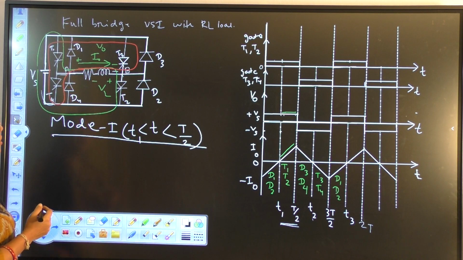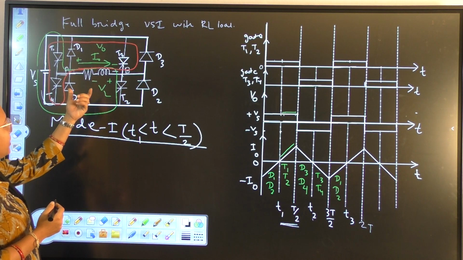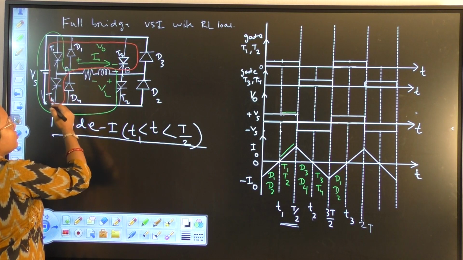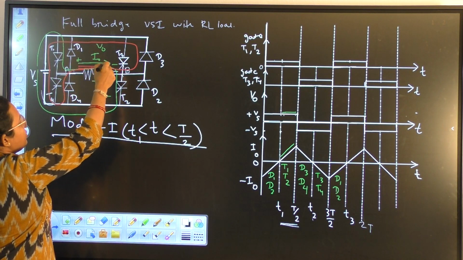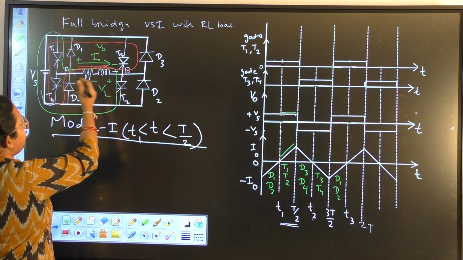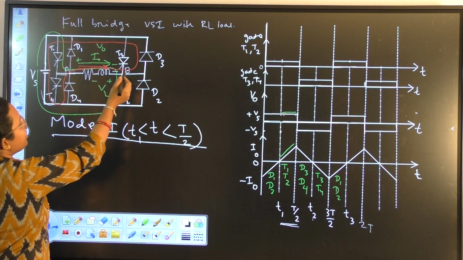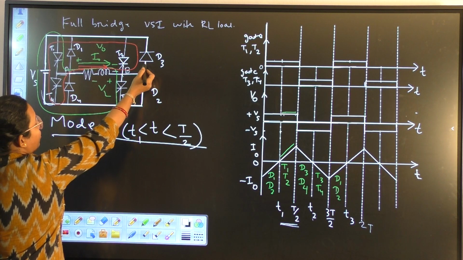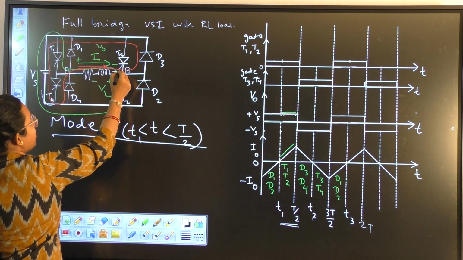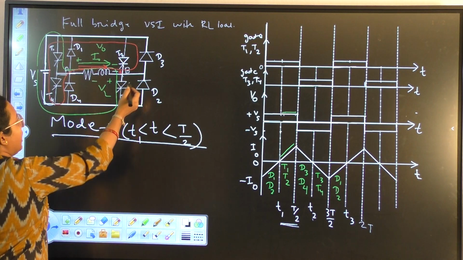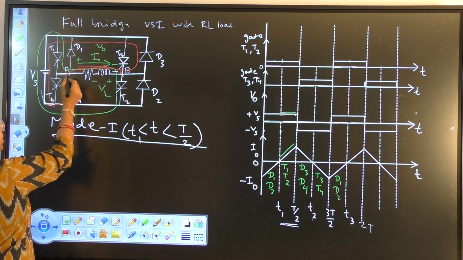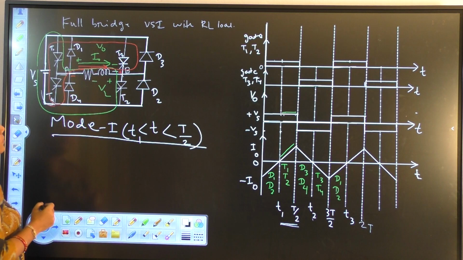Whatever energy is stored inside the inductor is now released to the source, but the current direction is still from A to B. What happens to terminals A and B? Diode D3 is connected to positive, so B is connected to the positive terminal, and D4 is connected to the VS negative terminal, so A will be minus.